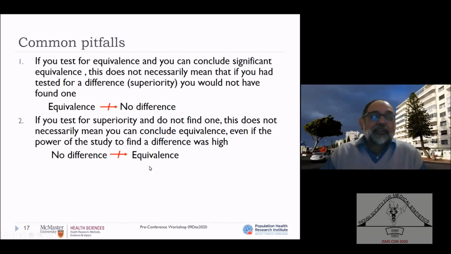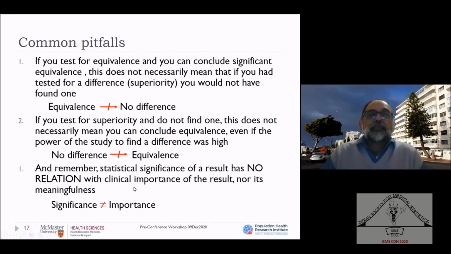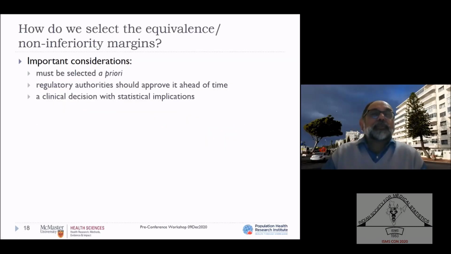It's like concluding the null hypothesis, right? So we cannot do that, even if the study power was high. And of course, we always have to remember that statistical significance has nothing to do with the importance of the result, okay? So that's why clinically important margins are determined separately from statistical significance considerations, okay?